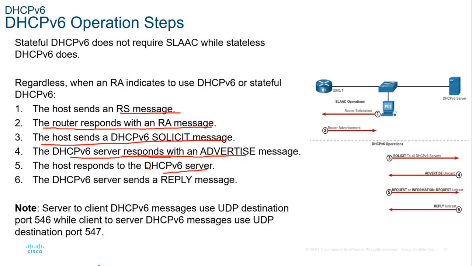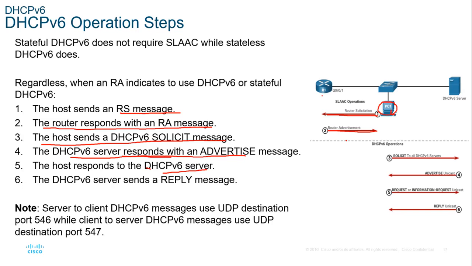So this is what is going to happen. It's the PC that sends the solicitation message, and then the router is going to send the router advertisement. The router advertisement cuts across whether it's stateless or stateful.